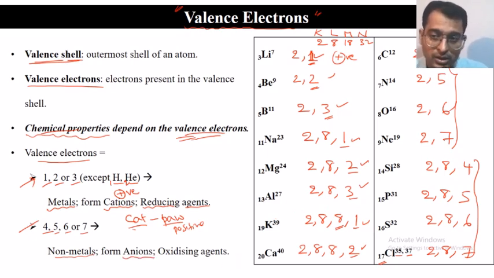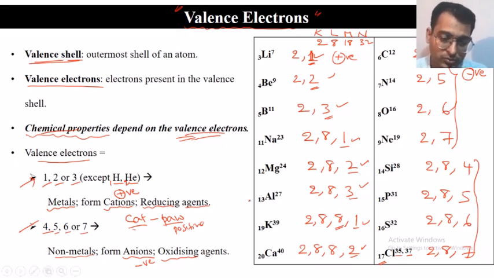That is, they gain electrons, and therefore they become negatively charged, and so we say they are anions. They are oxidizing agents because they are taking electrons, and therefore they oxidize other substances.